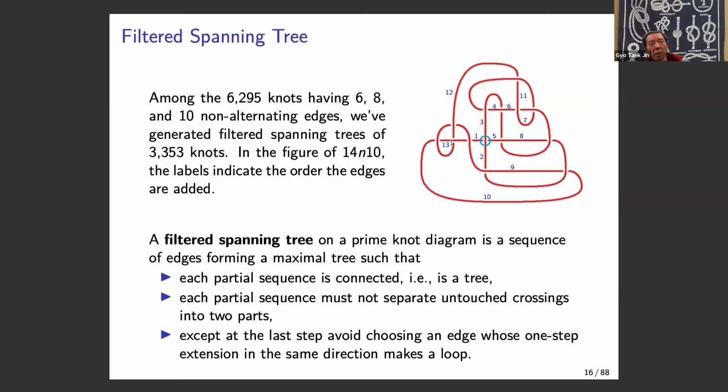But in the last step, you cannot avoid the extension meeting another vertex, because it's already a maximal tree when you choose the 13th edge. So this edge will play a role. We have to divide this into two parts later. I'll explain more.